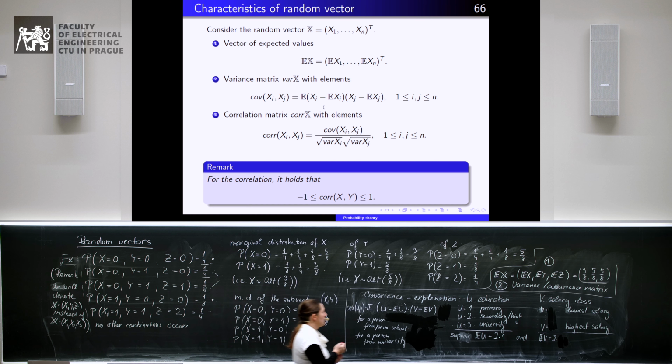So the highest salary is the first class, then rather higher salary is the second class, and so on. The lowest salary is the fourth salary class. Let's suppose that the expected value is 2.7 now.